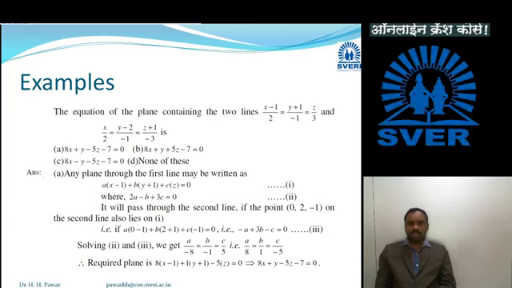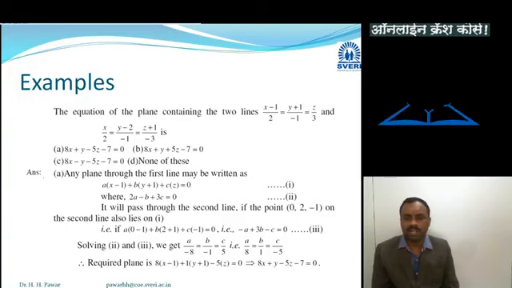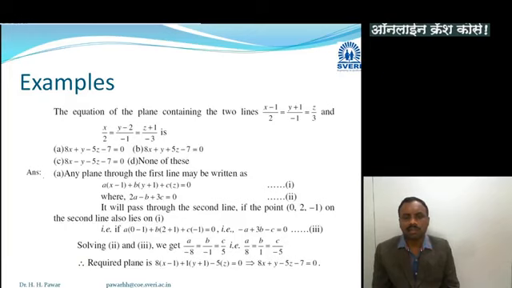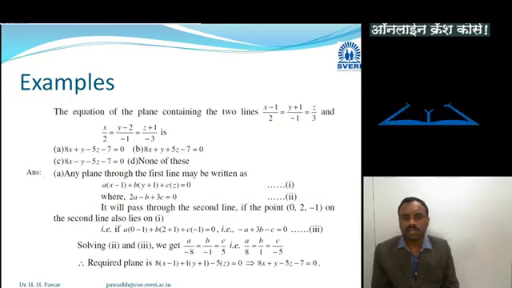So by solving equations 2 and 3, we'll get a/8 equal to b/1 equal to c/minus 5. Hence the required equation of plane is 8 into (x minus 1) plus 1 into (y plus 1) minus 5z, which gives us 8x plus y minus 5z minus 7 equal to 0.